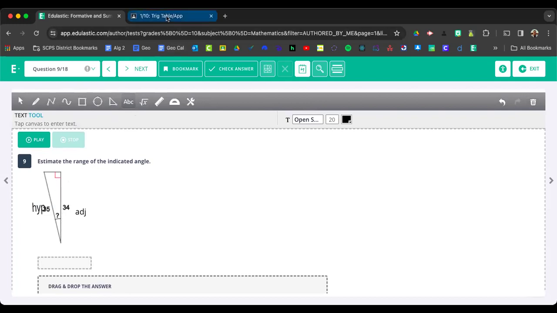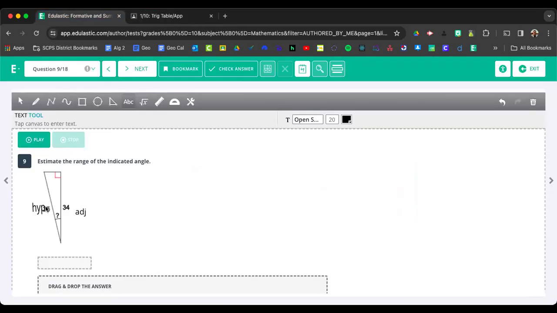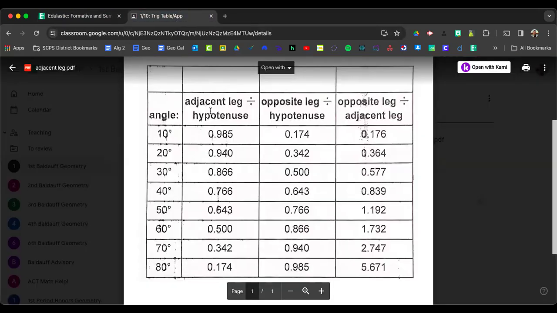So I'm going to look back at my table and find the column that has both of those. In this case, it's the first column. I'm going to figure out what the ratio is of my adjacent divided by my hypotenuse, because that's what it has right here in this first column.